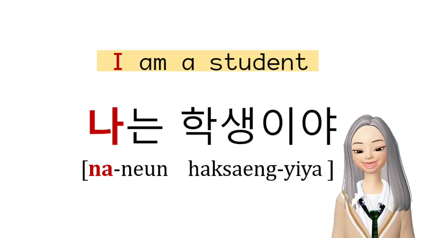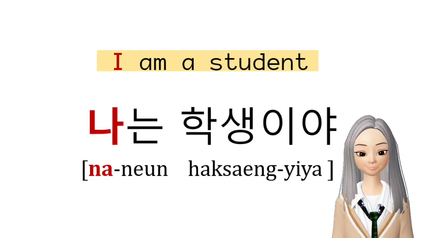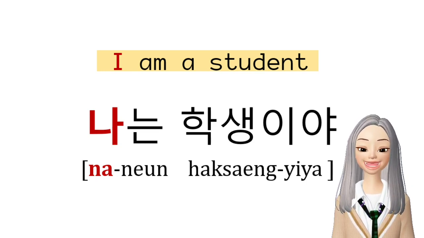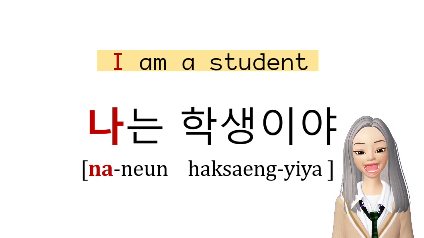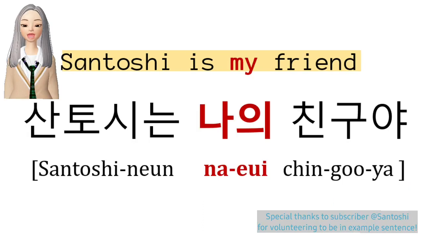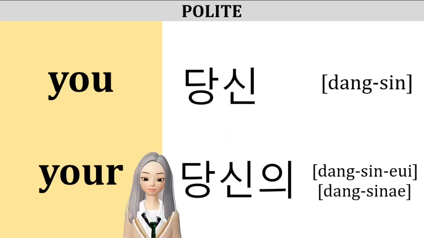The sentence, I am a student. 나는 학생이야. Possessive form, my. Santoshi is my friend. 산토시는 나의 친구야.